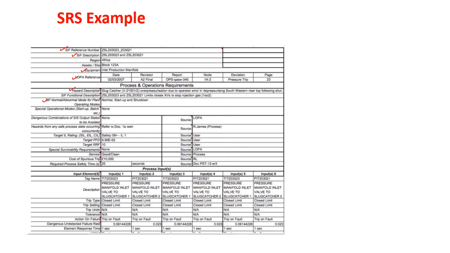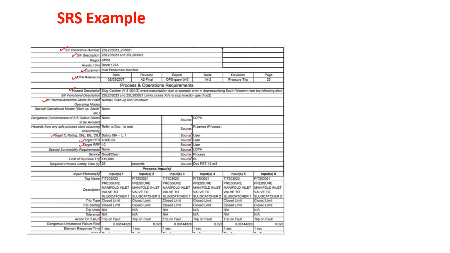Special operational modes, which can be startup or batch. Then there should be hazards from any process safety event occurring concurrently. What is the target level of the protection layer? What is the target PFD? What is the target RRF?